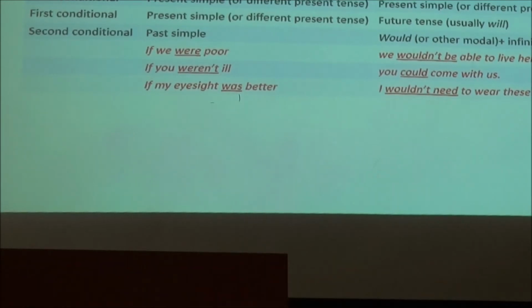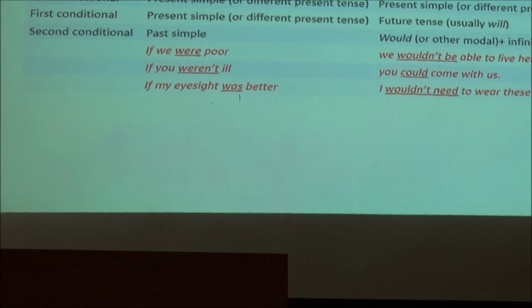Now it's not likely you're going to come with us. It's unlikely you're going to come with us because you're ill. But some sort of miraculous improvement might happen, and you suddenly feel better and you come with us. Yeah? Why isn't it you could have come with us? I'll show you. That's a third conditional.